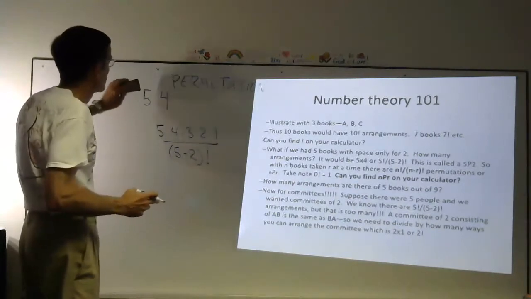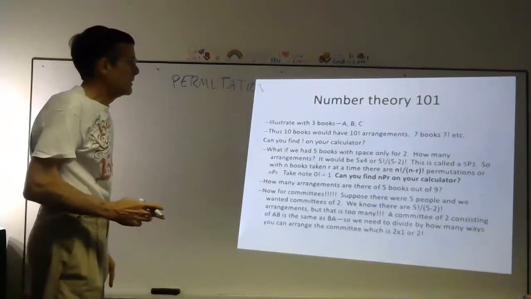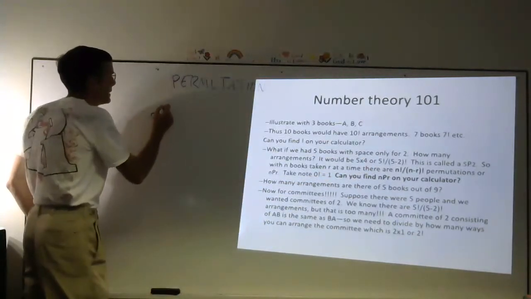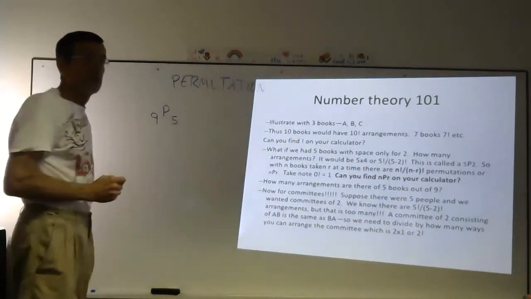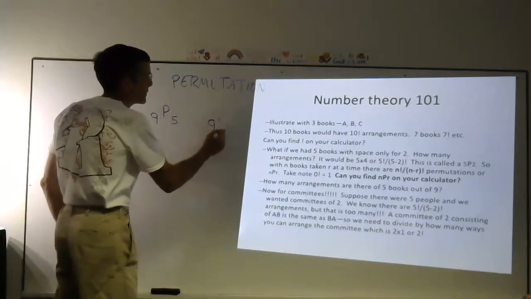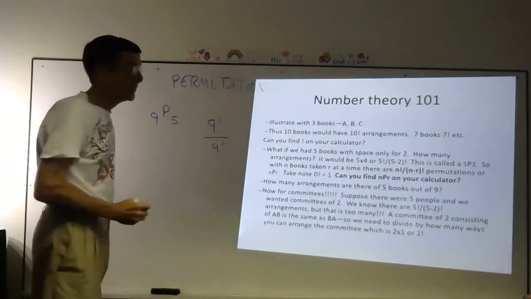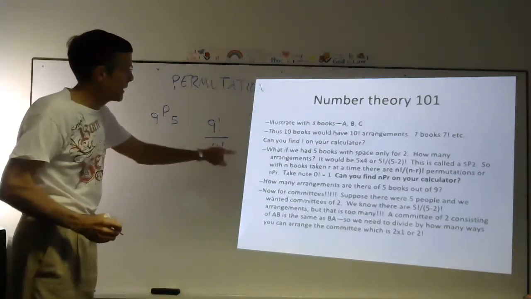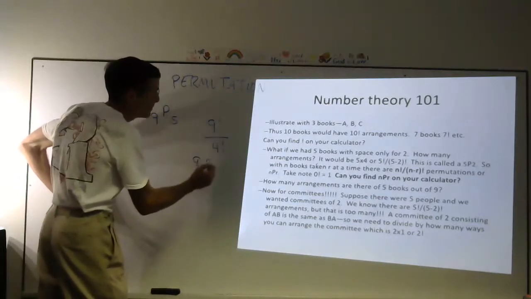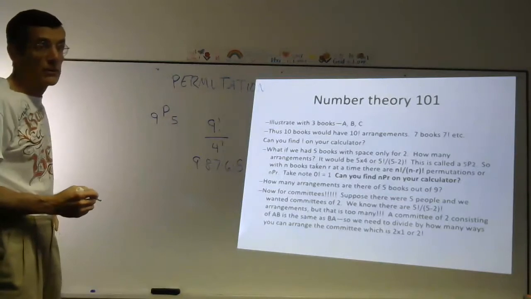All right, so how many arrangements are there? 5 books out of 9. You want to do a 9P5, okay? Or by the formula, it is 9 factorial over 9 minus 5 factorial, which is 4 factorial. This cancels the 4 times 3 times 2 times 1, and you're simply left with 9 times 8 times 7 times 6 times 5 on the top, okay?